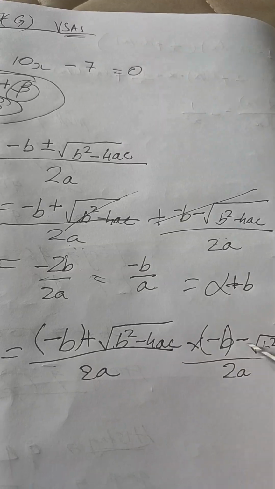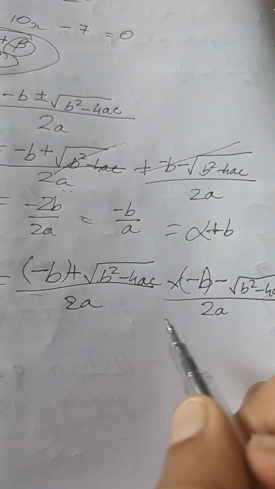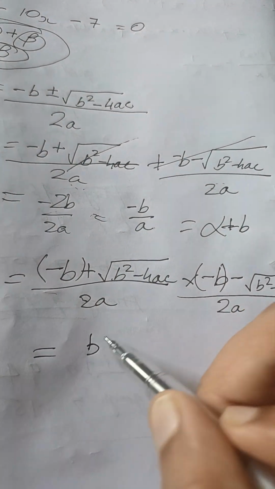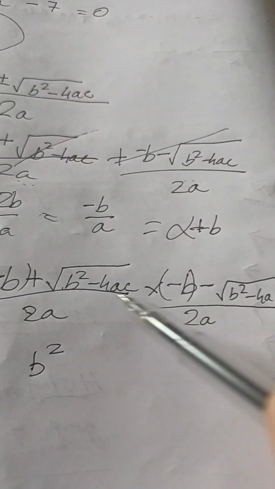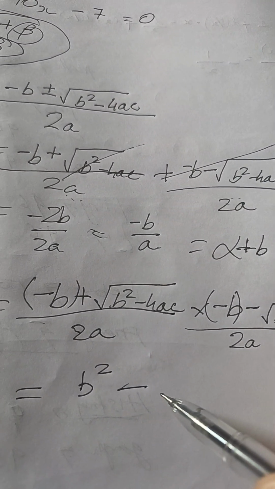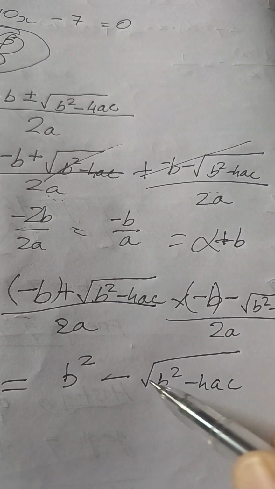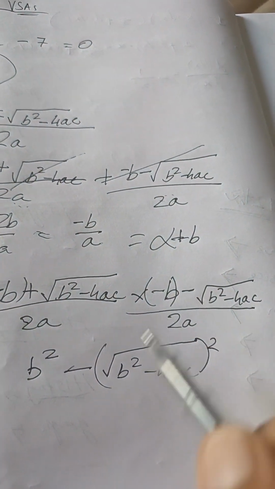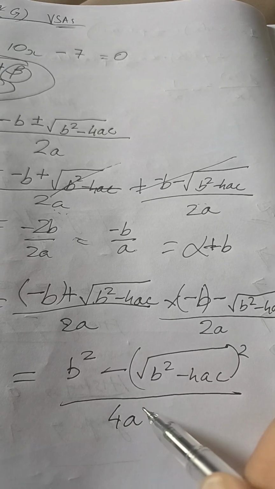I'm separating this out. So minus b and minus b just become b squared, and like this plus minus, so that's like minus, but then this is also squared, so b squared minus 4ac, and that is a squared, but there's a minus here because it's plus into minus, and 2a is just like 4a squared.